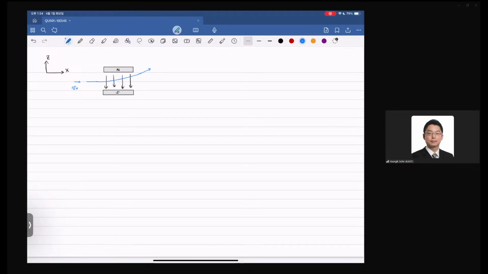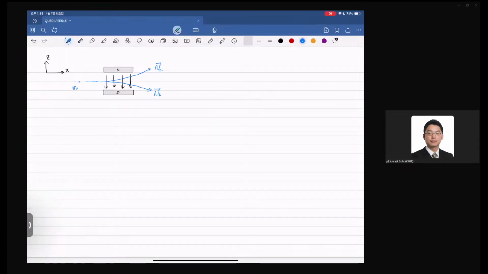And then the opposite will happen for the other spin, right? So this is the velocity vector of spin up. This is the velocity vector of spin down.